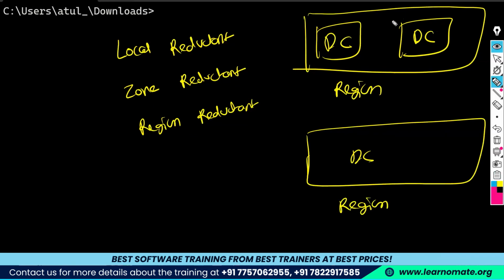So you can have three copies. One copy within the same data center, second copy in another data center but the same region, and third copy in another data center and another region. Suppose anything happens to this data center, you will still have another copy in the same region. Suppose something happens at region level, you can have the same copy in a separate region. So in that way, you can maintain SLA, service level agreement, on a redundancy level.